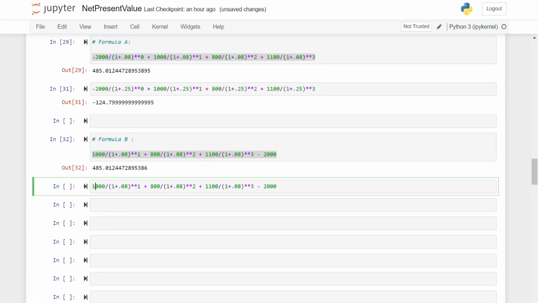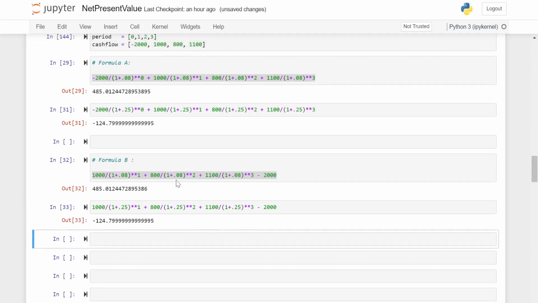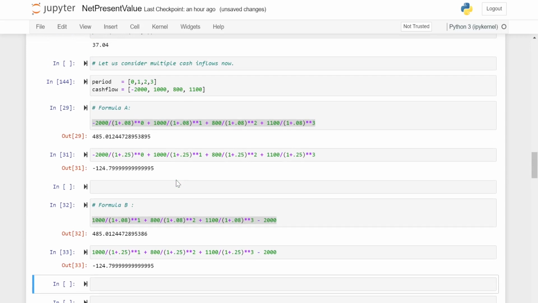Okay, make it 25. See, minus 22. Good. So we have learned how to calculate net present value for various interest rates and conclude whether investing in a particular project is going to be viable or not.